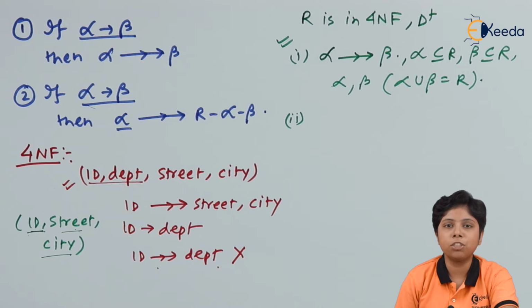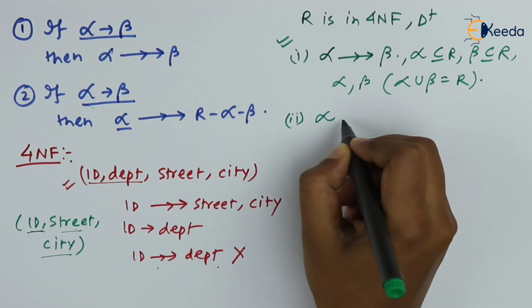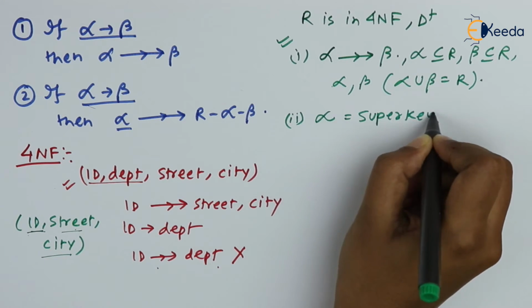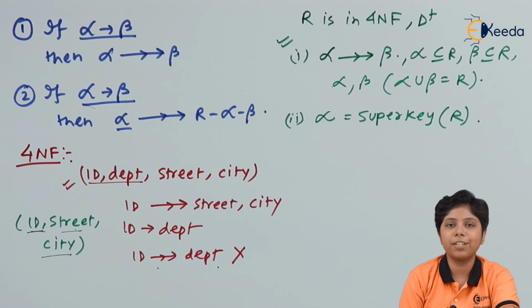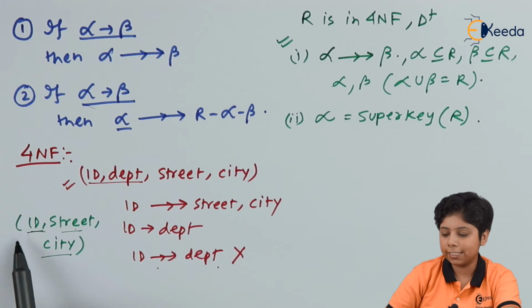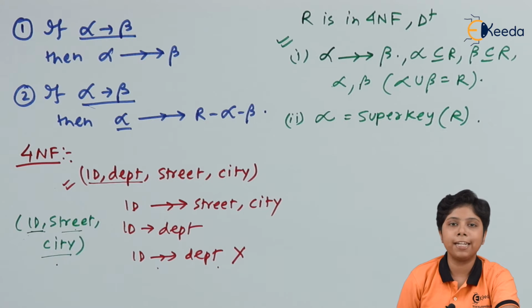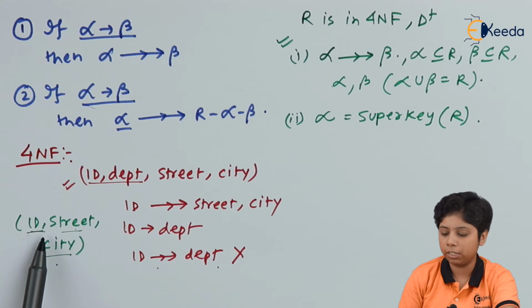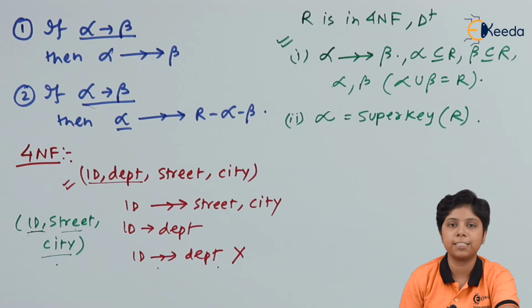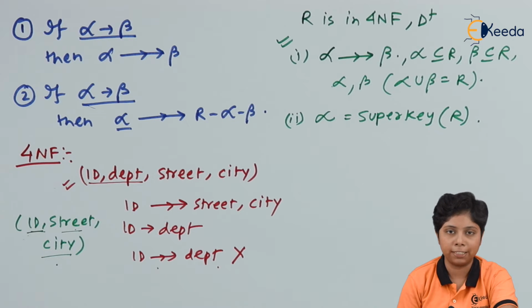And now alpha is the super key of R. Here we can say that alpha, that is ID, is the super key of this relation ID, street and city, because ID is the minimal one with which we can technically identify the street and city as a multivalued dependency.